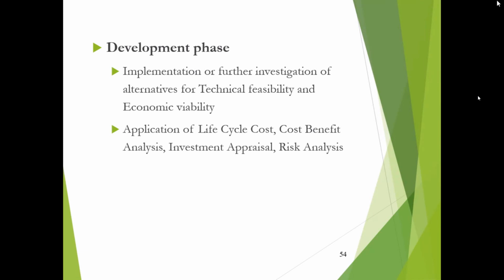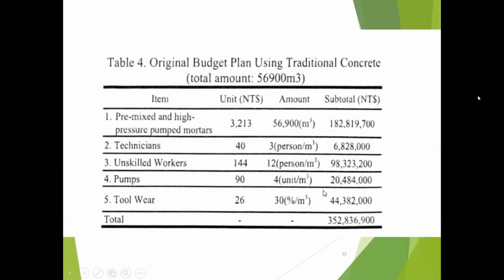Okay. So here, consider the original budget plan using traditional concrete. So how much is the quantity? 56,900 cubic meters of concrete is required. And for that, they do a breakdown, right? So pre-mixed, high pressure pumped mortars cost about 182 million. And then technicians, 6.8 million.